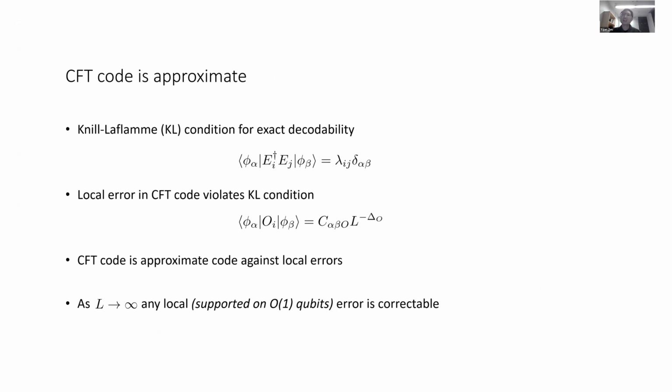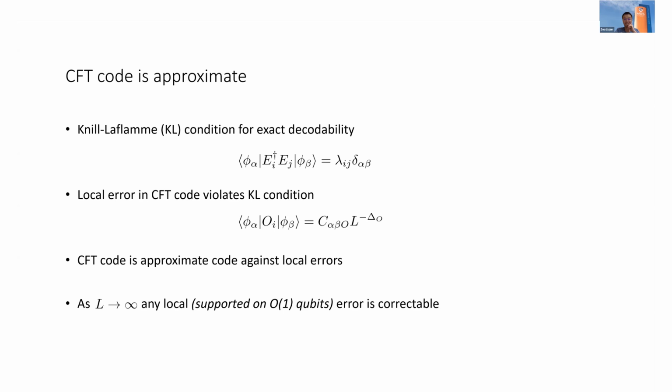In fact, if you allow the probability to decrease with the system size, we can show that if you allow the probability to scale as system size to the minus 0.75, then the X error can still be corrected. You just cannot make P of order 1. I see. Thank you.